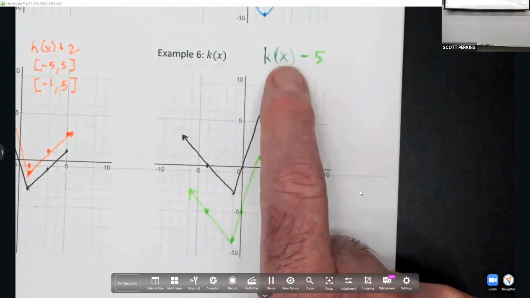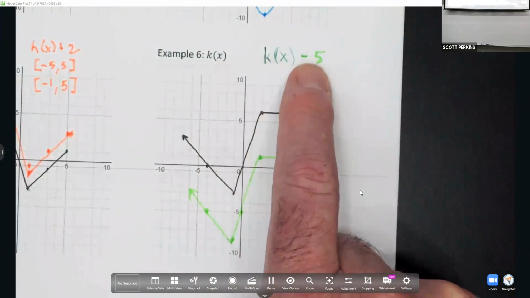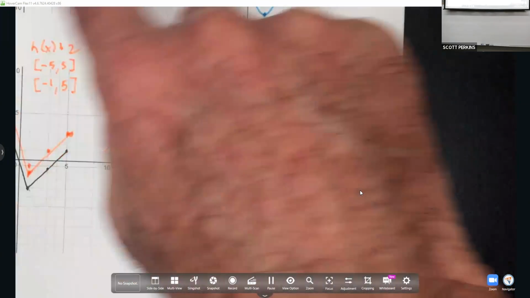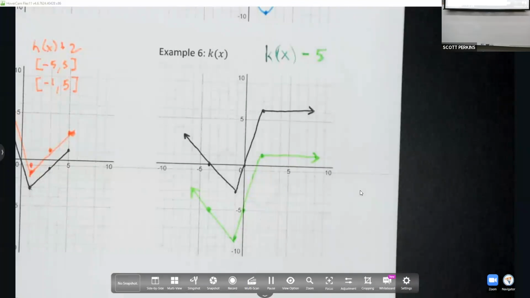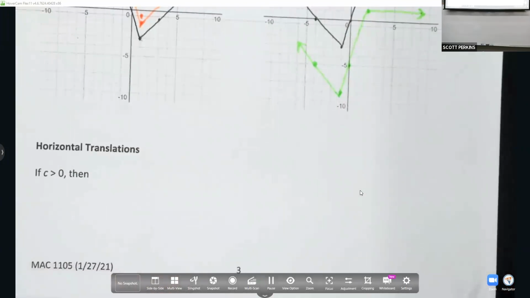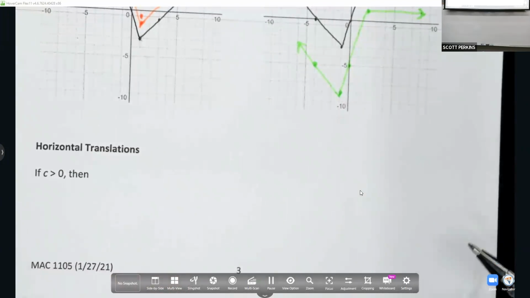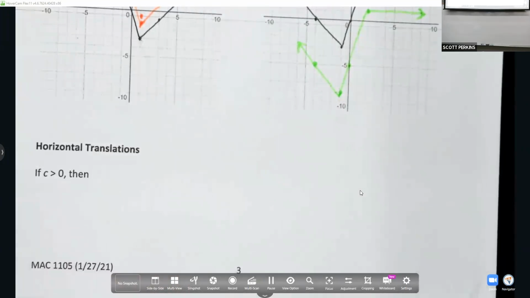And then I said our example is going to be to take that original k of x and we're subtracting 5 from it. So in each of those, the original graph that was there, the first one was f, and then g, and then h, and then k. Yes, if I want you to translate a graph or do anything else, I will define the graph unless it's one of the basic graphs. And we'll talk about that toward the end, how this applies to those basic graphs.